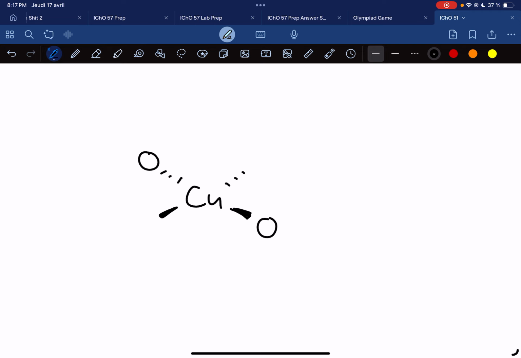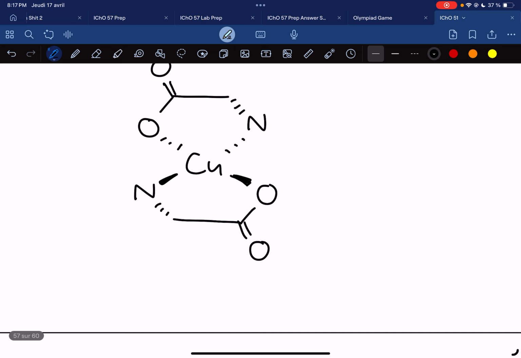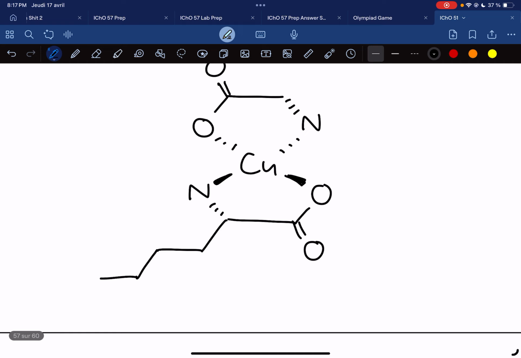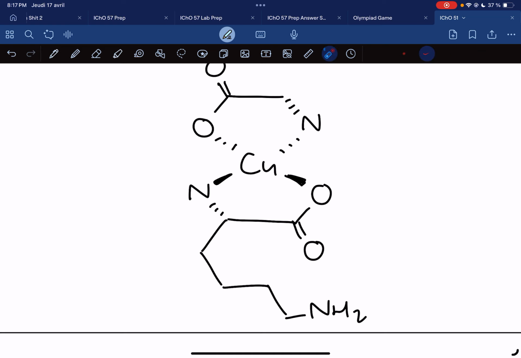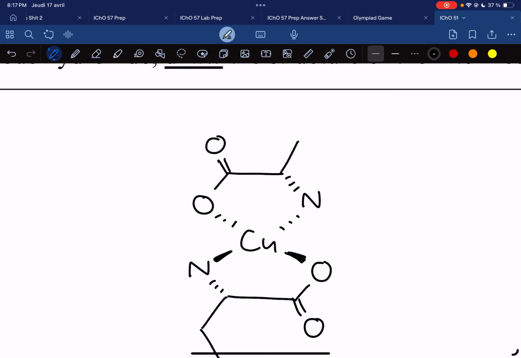So the oxygen from the carboxylate, and the nitrogen. Oh, don't forget the stereochemistry of that nitrogen. There you go. And 4 atoms, right? 1, 2, 3, 4. The amino group, 1, 2, 3, 4.